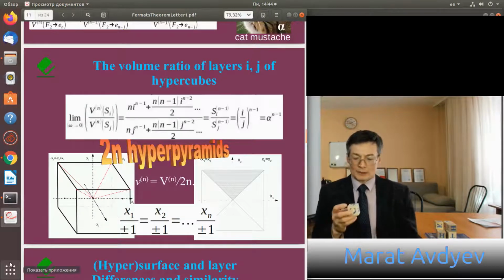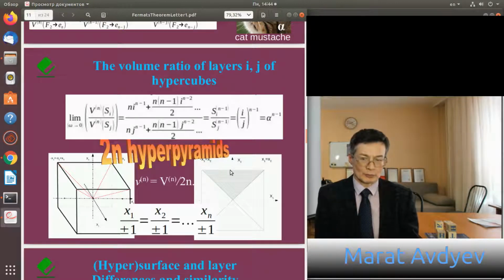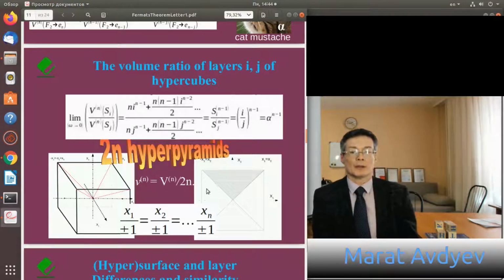If we cut our cube by means of 2n hyperpyramids, here you are, the case n equals 3, and on the right the case n equals 2, square root. Here above is the formula.